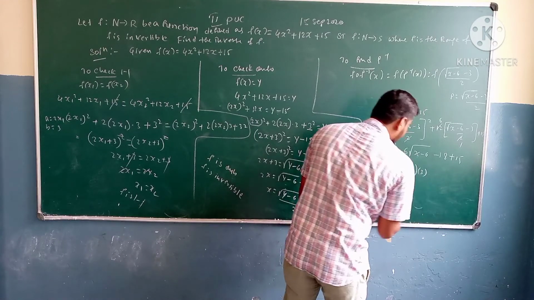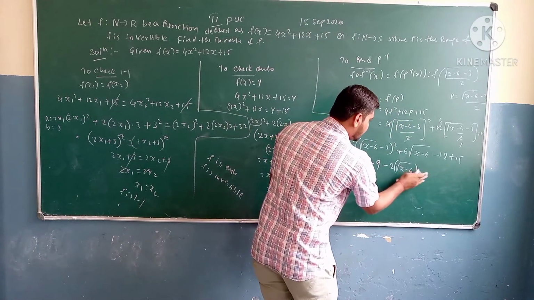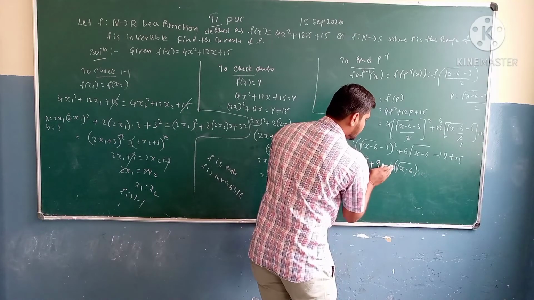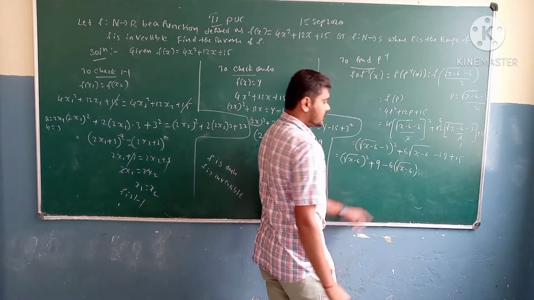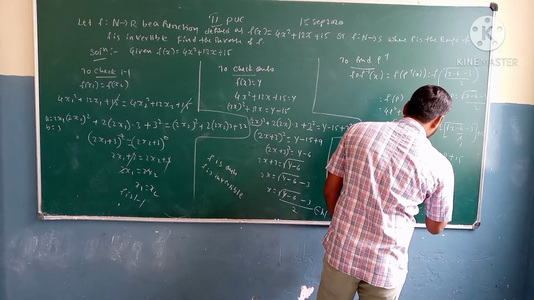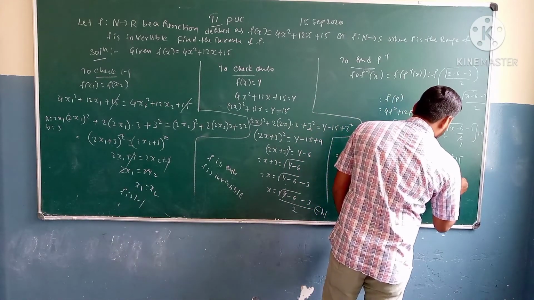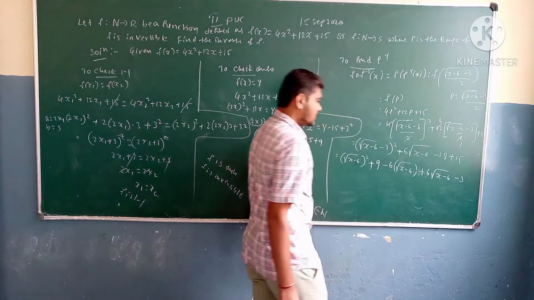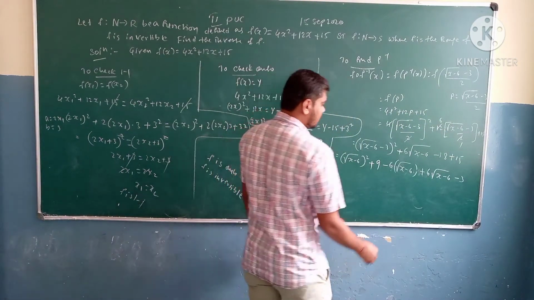So directly I am writing 3 into 2 is going to be 6, so minus 6 into root of x minus 6. So plus 6 into root of x minus 6, and here it is going to be minus 18.